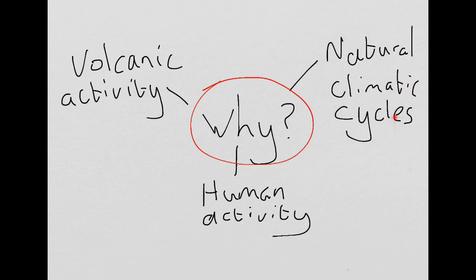So some people argue that the warming of the Earth's atmosphere and environment is part of natural climatic cycles. Another explanation for global warming would be volcanic activity. For example, if a volcanic eruption deposits large amounts of gas and ash into the atmosphere, this can actually change the Earth's weather and cause global warming.